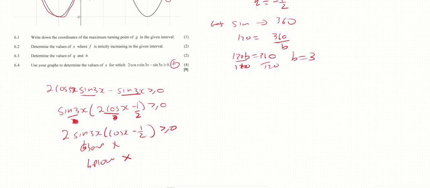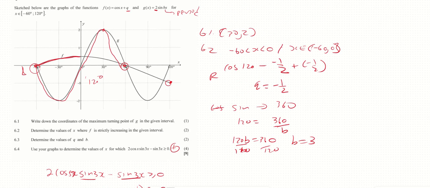So let's check where the two graphs are all above or all below. From negative 60 to 120, all of them are below. How do we write the interval? We're going to say it is from negative 60 less than or equal to x less than or equal to 180, where all of them are above.